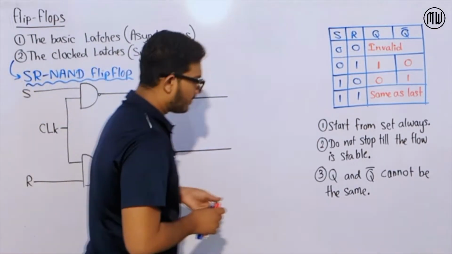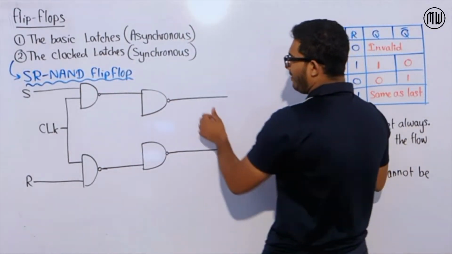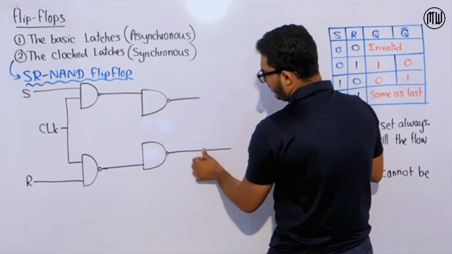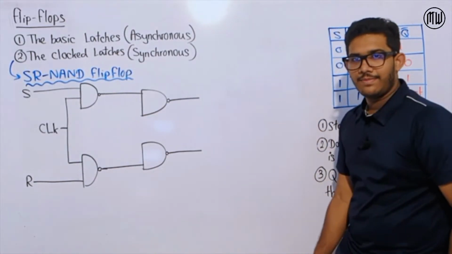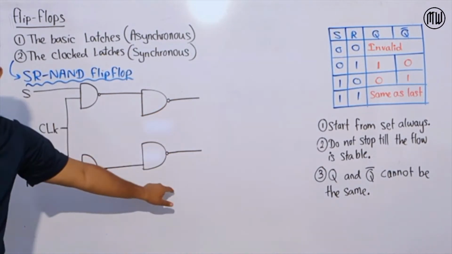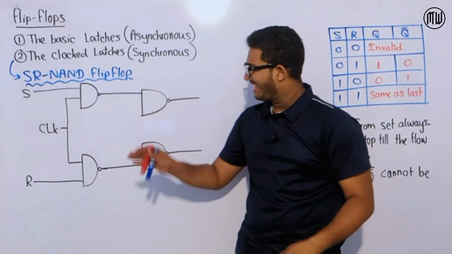This is the NAND flip-flop with the clock. I hope all the small circles on the NAND gates are visible right here, here, here and here. If not, just imagine they're there.